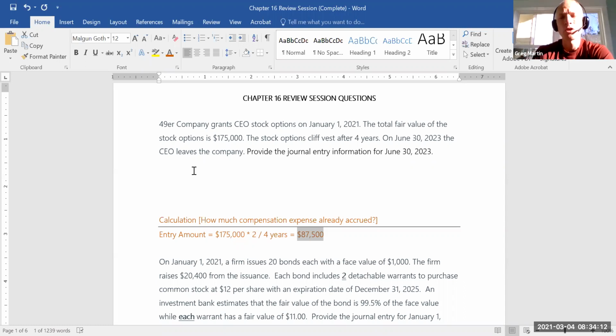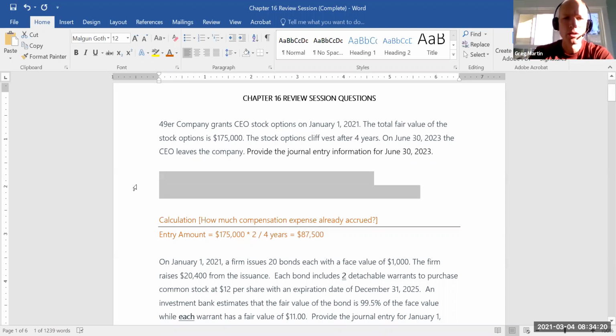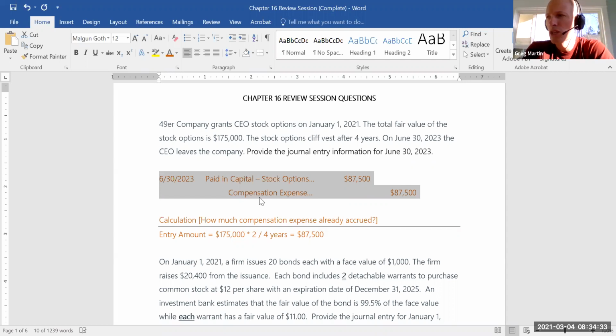When they leave, we need to flip that. So the journal entry would debit the paid in capital stock option account and credit the compensation expense to unwind that. Does that make sense?